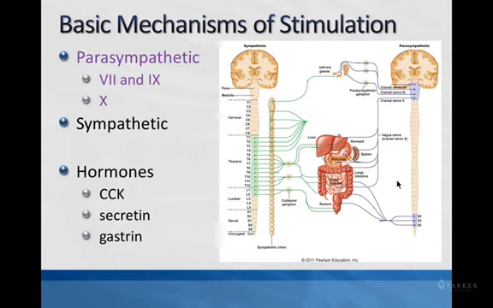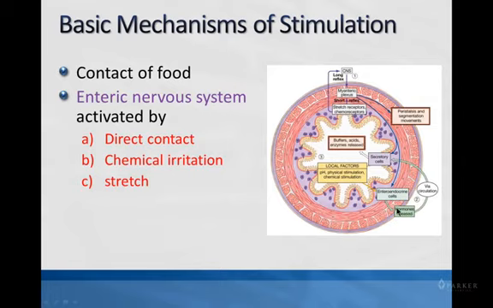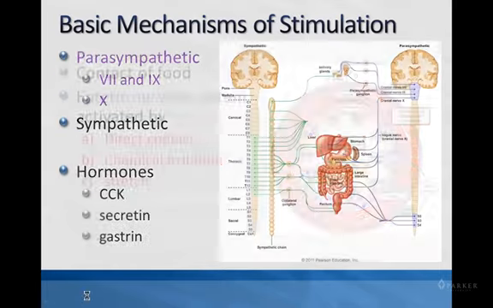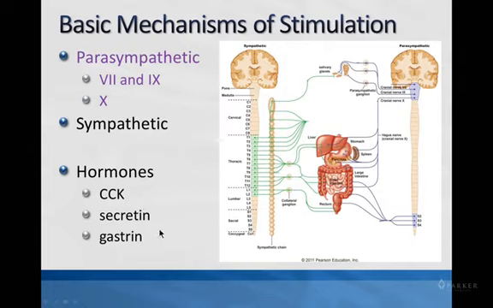Hormones also play a role in regulating stimulation, and you could see it in this earlier picture. Some hormones can be released, go through the circulation, and influence secretions. I gave you a couple of examples, like cholecystokinin, secretin, and gastrin.